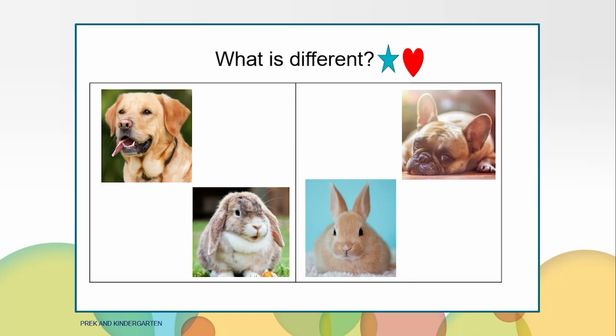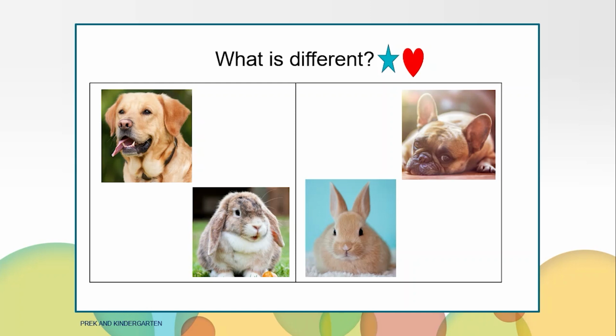Now let's take a look at what is different in both boxes. It is different because the first side has a dog with his tongue out and the second side has a dog laying down. It is different because the animals on the first side have their ears down and the animals on the second side have their ears up.